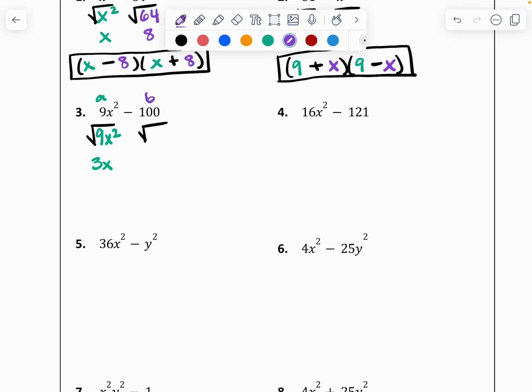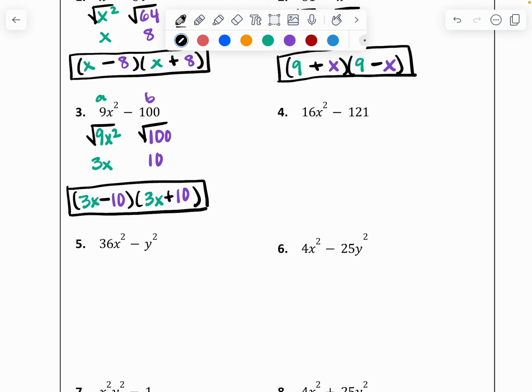Square root of 100 is 10. So we have minus and plus. And if I were to FOIL these, I would end up with 9x squared minus 100. And that's how you can check your work if you want to.